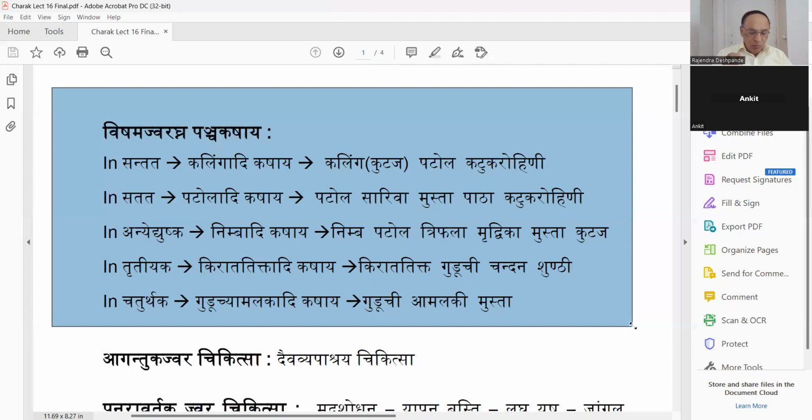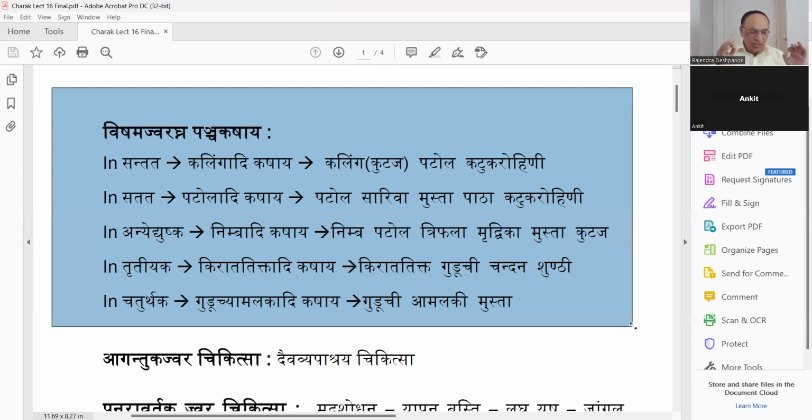Kirata tiktam amruta chandanam vishvabheshajam. Kirata tiktam amruta chandanam vishvabheshajam. Guduchamalakam mustam ardham shloka samapanaha. Guduchamalakam, guduchi amalakam mustam ardha shloka samapanaha. Kashayaha shamayantyashu pancha vidhan jwaran. Santatam satat anyadya tritiyaka chaturthagan.